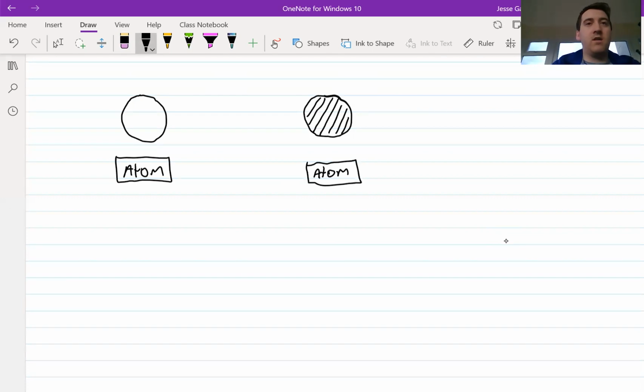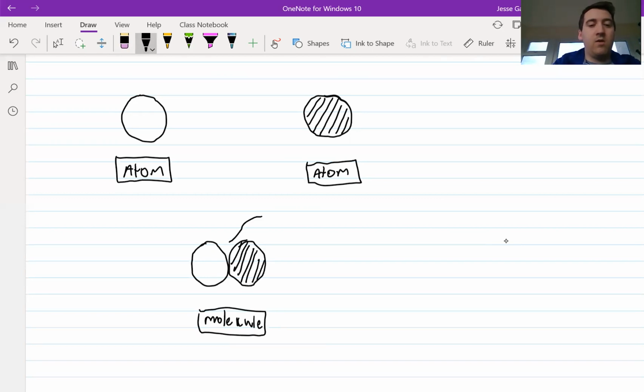When they join together, they are going to make a molecule. This is still a molecule because it's two atoms chemically joined together. So this here is a molecule. Again, we know it's chemically bonded because the atoms are touching. This is a chemical bond.